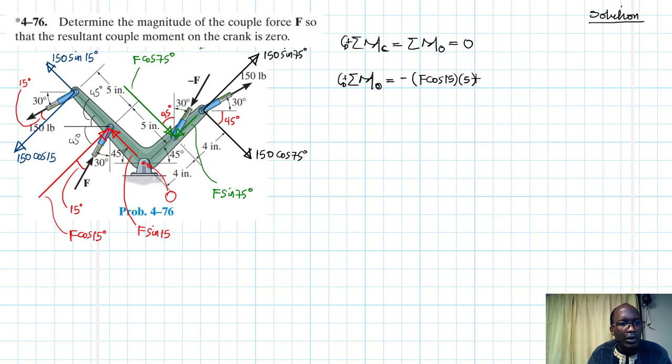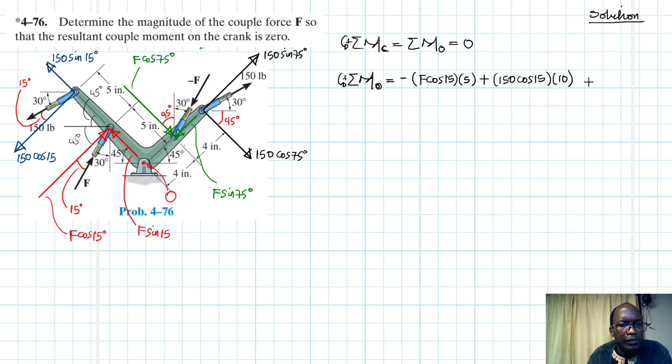Then we have a positive moment due to 150 cos 15 times the lever arm, which is 10.